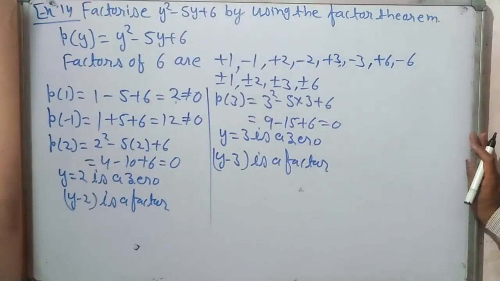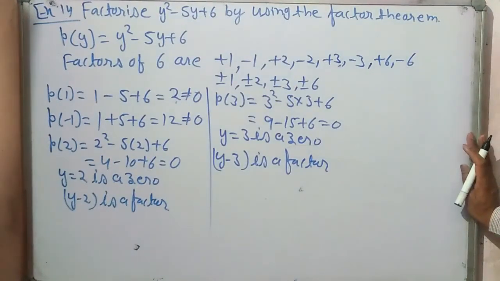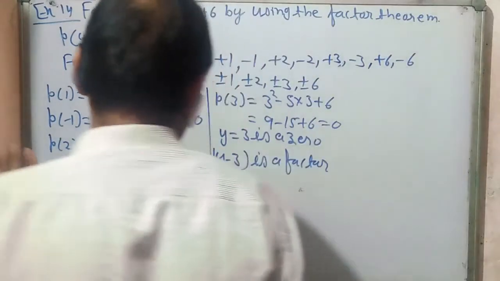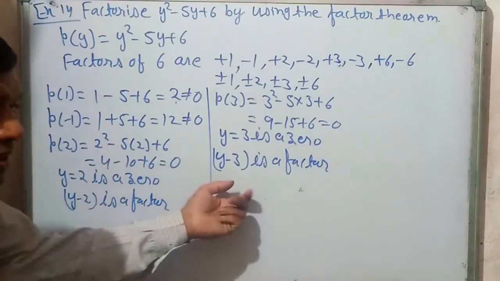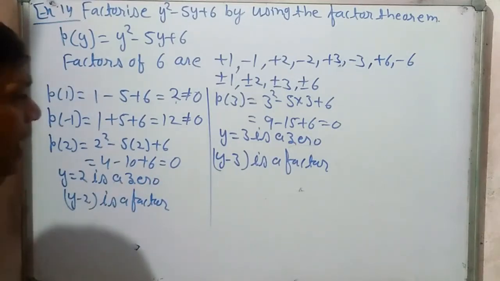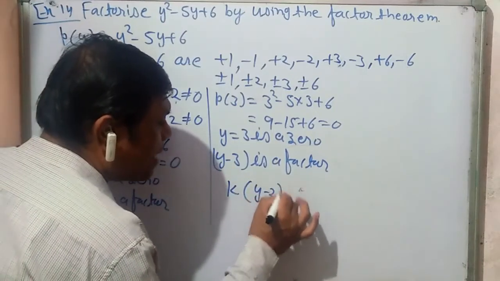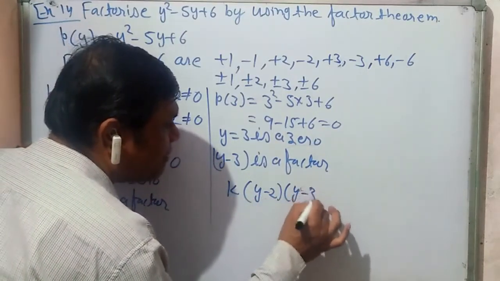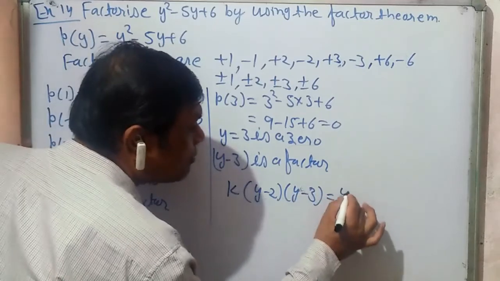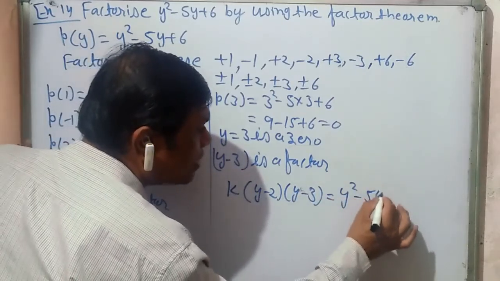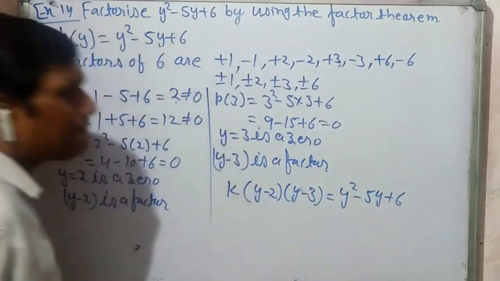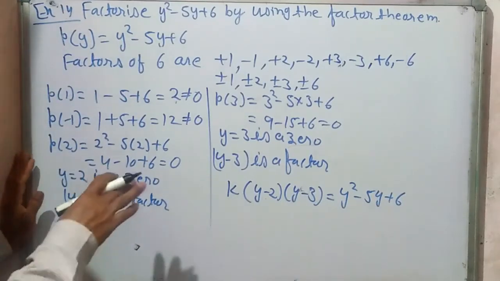As I told you, if you multiply any constant number with any polynomial, its zeros and thus the factors remain unchanged. y − 3 is a factor, y − 2 is a factor. That means any constant k multiplied with (y − 2) multiplied with (y − 3) should give us y² − 5y + 6. We have to find the value of this k.